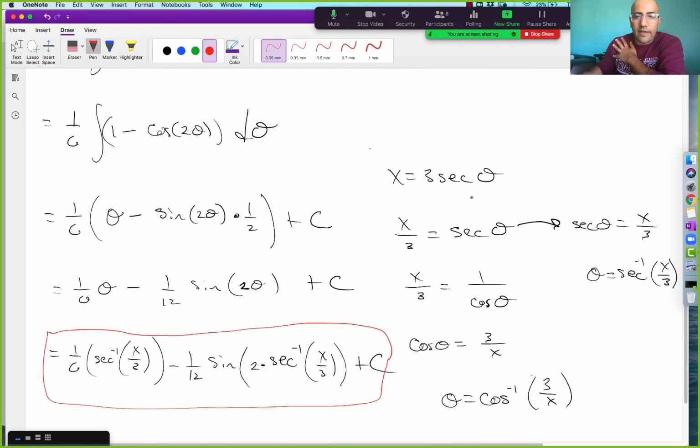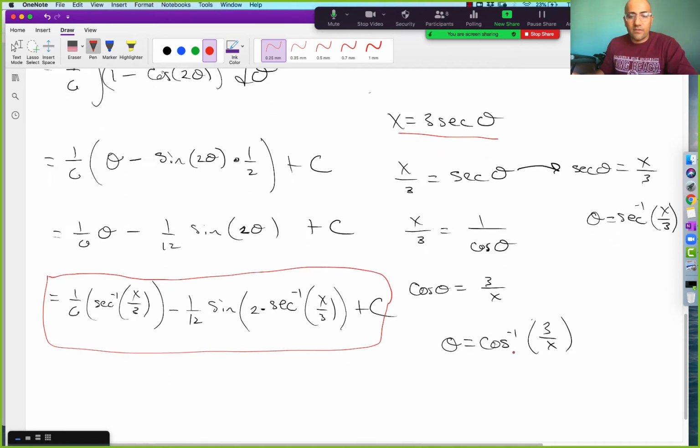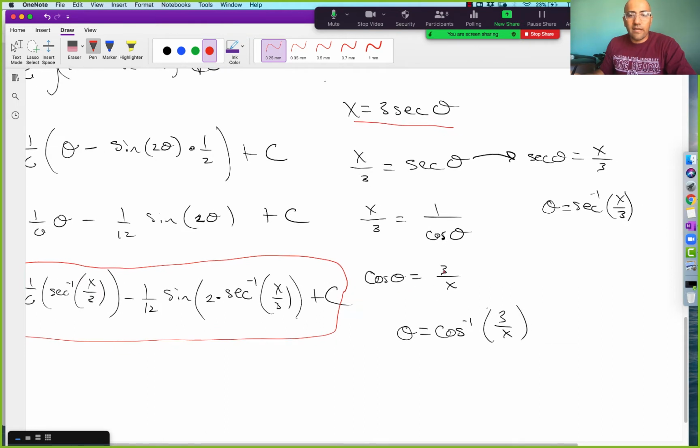And I think we can do better than that because we can create a triangle. In fact, after we've done this, we've solved for cosine of theta equals 3 over x. So if we create our triangle like this, we'll be able to have that cosine of theta is equal to adjacent over hypotenuse.